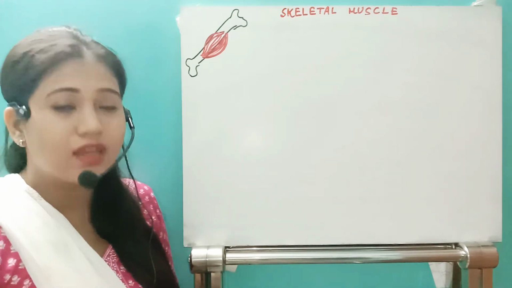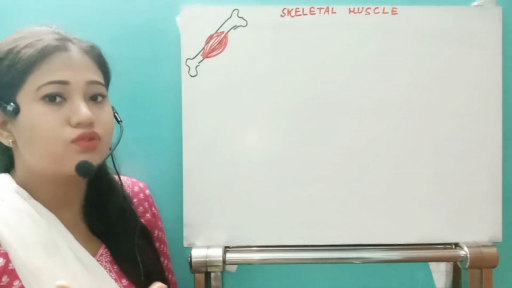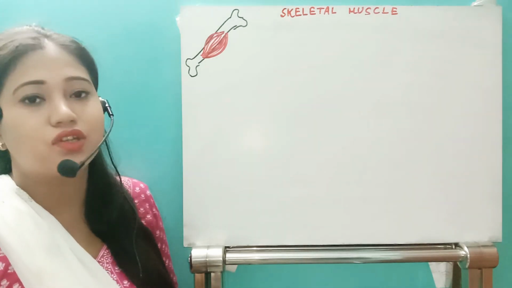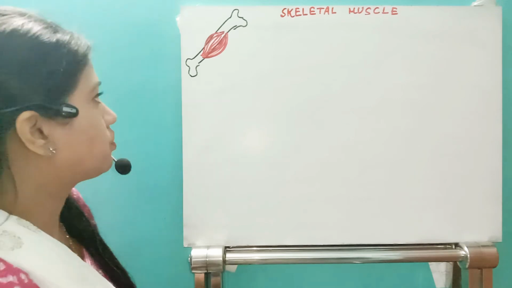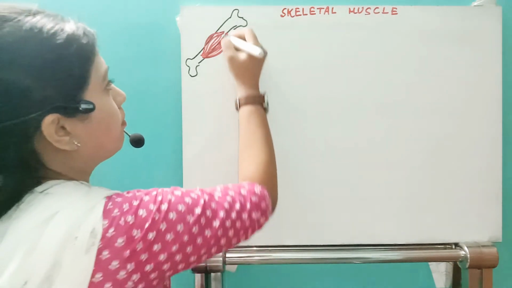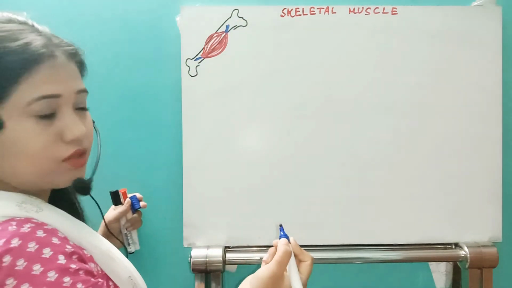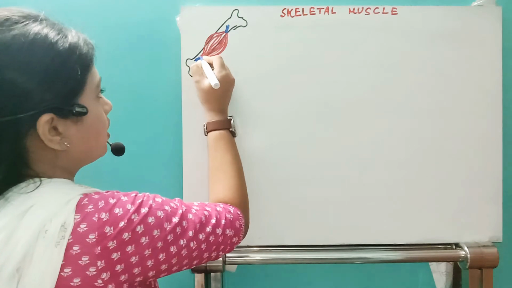But normally muscles are present in huge numbers together. Now this muscle will attach by the tendon. You already got it. This is the tendon.